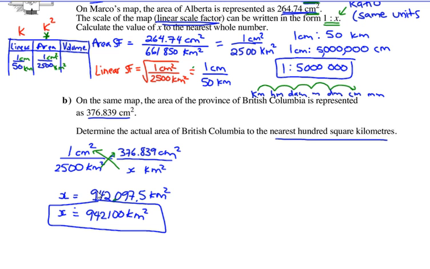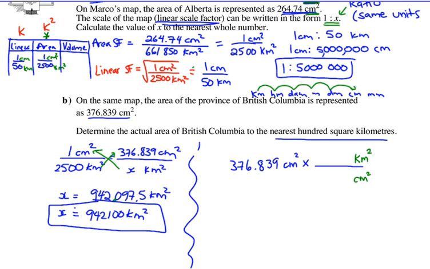Now, you could have also done it using unit analysis. So we know we have 376.839 centimeters squared times, now we're going from the map to the original instead of from the original to the map. So in this case, we want centimeters squared to cancel out, and we're looking for kilometers squared. So with unit analysis, we fill in that ratio.